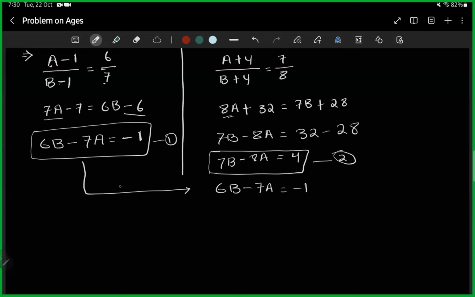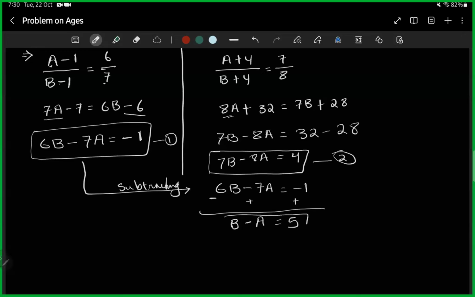Since we are subtracting, you have to change the signs. This positive 6B will become negative, and then minus 7A will become plus 7A, and then this minus 1 will become plus 1. That gives you 7B minus 6B will be B, and then minus 8A plus 7A will give you minus A equal plus 4 plus 1, that will give you 5.